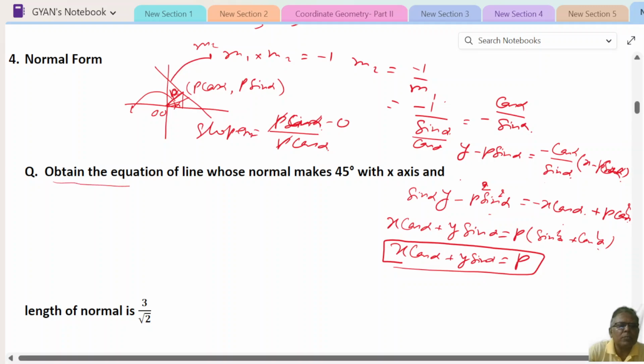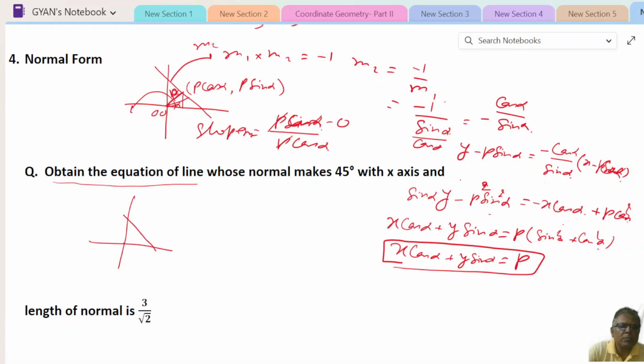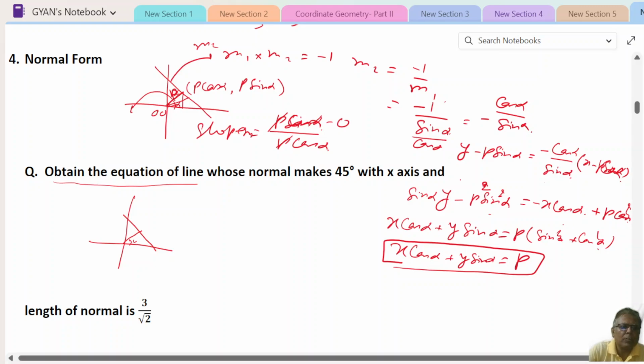So for this equation, the normal makes 45 degree, and the distance is equal to 3 by root 2.